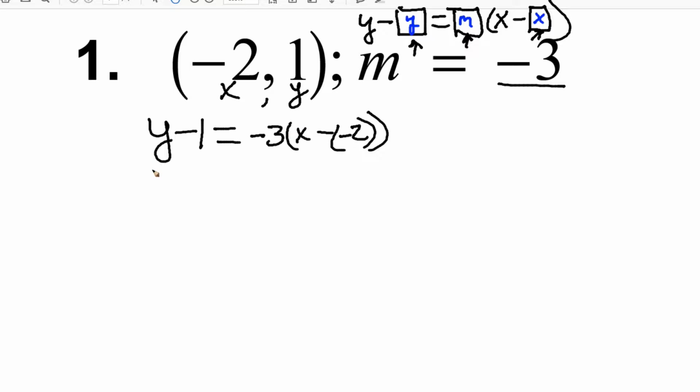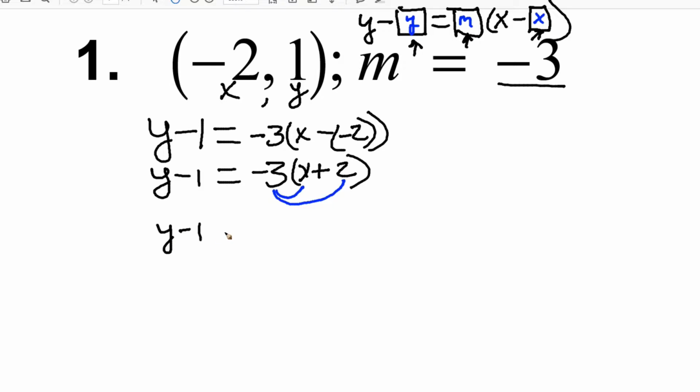Now let's start simplifying. Y minus 1 equals -3 times x, and what's minus a negative? That's the same thing as plus 2. Now we're going to distribute throughout, and that gives us y minus 1 equals -3 times x is -3x, and -3 times 2 is -6.